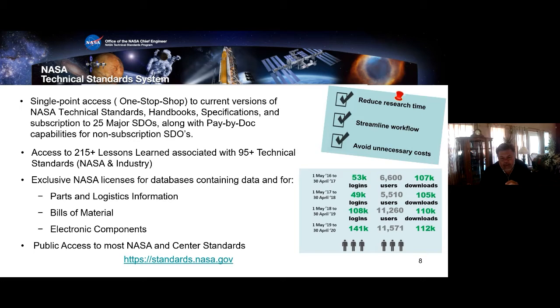As you can see, we are progressively increasing the use of industry standards. Back in 2016 with 107,000 downloads, last year with 112,000 downloads. So we are relying more and more on society standards as well.